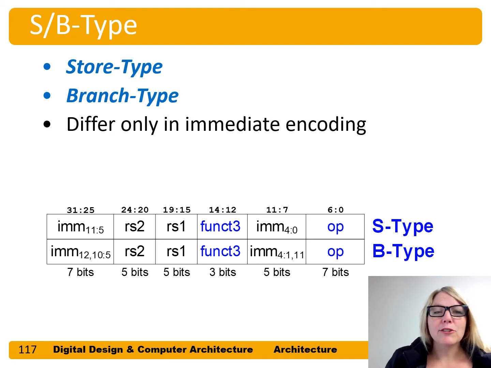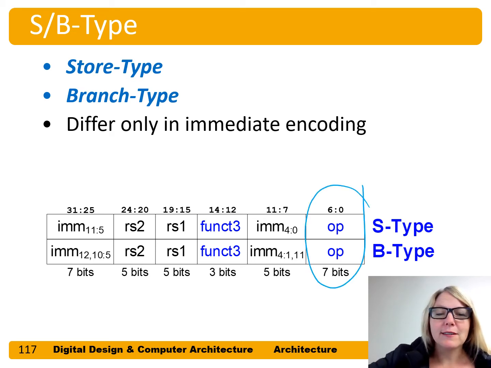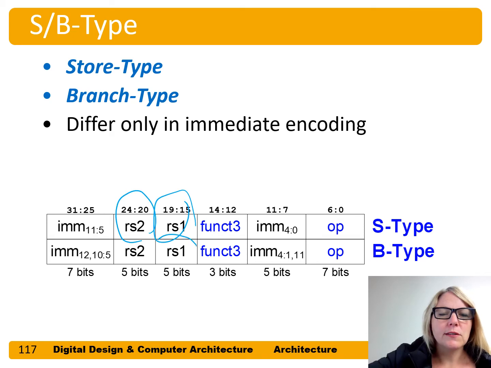The SB type instruction is for, S stands for store and B stands for branch. These differ only in the immediate encoding, and that's why we group them together. They both have an opcode, like all instructions, and a funct3 field. Then we encode RS1 and RS2, so 2 source operands, and then the immediate field.